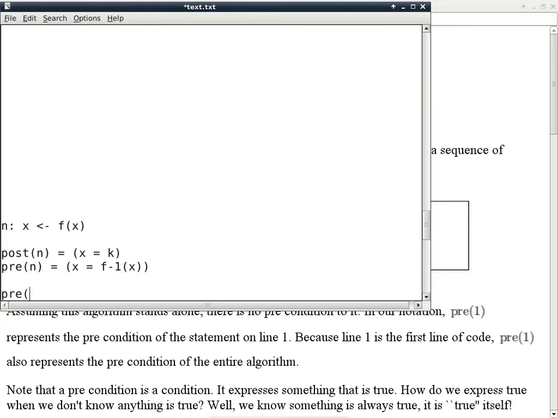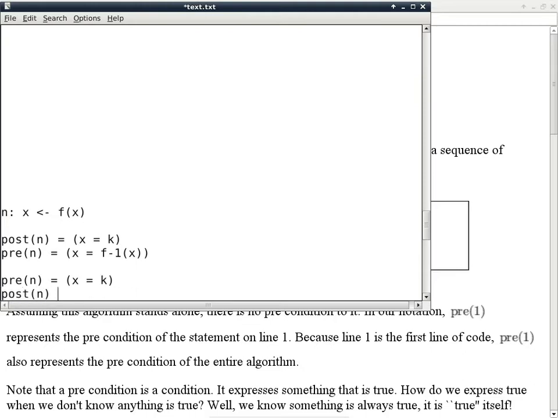I can also say, if I know what is the precondition of line n, and let's say x equals a value k, can I say something about a postcondition here? What can I say about the postcondition? This one is easy. Just f of k.